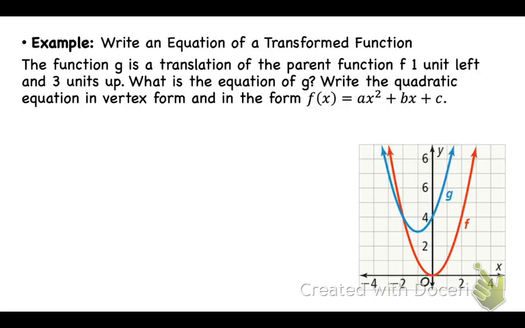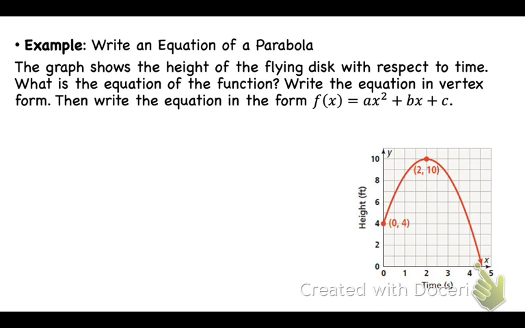Oh, these are just words. Okay, try this one on your own. I don't understand the, what's it called? Standard form. Okay, so get your vertex form. Do your vertex form. Start with that.